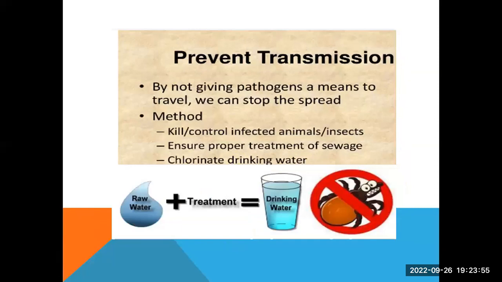And the most important thing, which is preventing the transmission. So just preventing the pathogen from traveling, okay? This can happen by controlling the infected animals, controlling the insects, ensuring proper treatment of sewage, chlorinating the water. There are different ways to prevent the transmission.